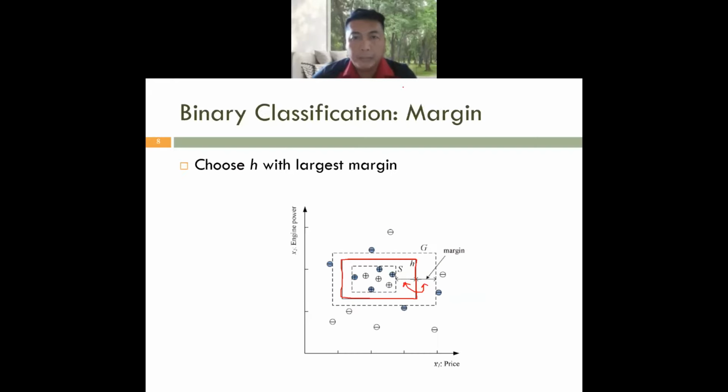Okay, can you type number 2? Okay. So for binary classification, normally this is used for two class labels.